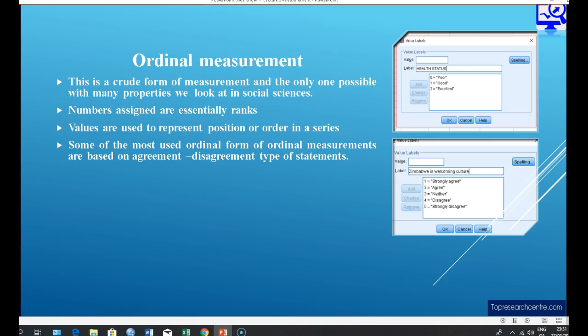When we are looking at ordinal measurement, we assign these numbers, and then when we analyze, we manipulate these numbers, and that manipulation will also indicate the relative position of particular responses.